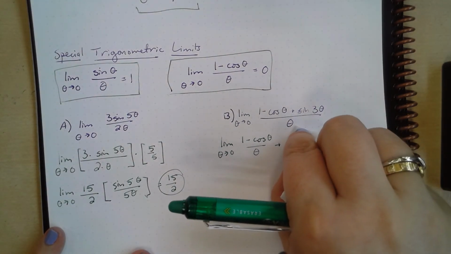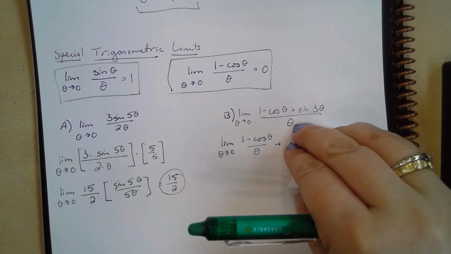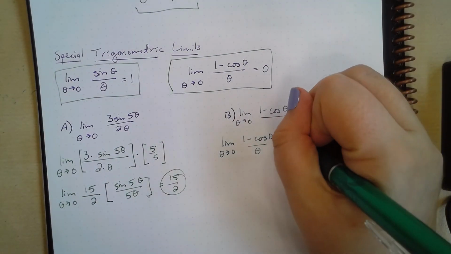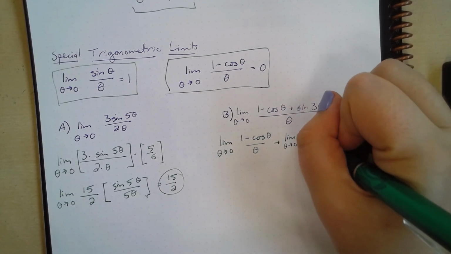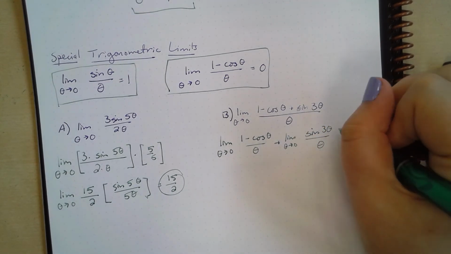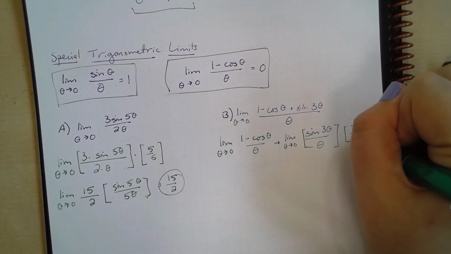Let me erase this, because I should be neater with my mathematical notation. I need to rewrite this as plus the limit as theta approaches 0 of sine of 3 theta over theta. And now I can multiply this 3 theta over theta times 3 over 3.